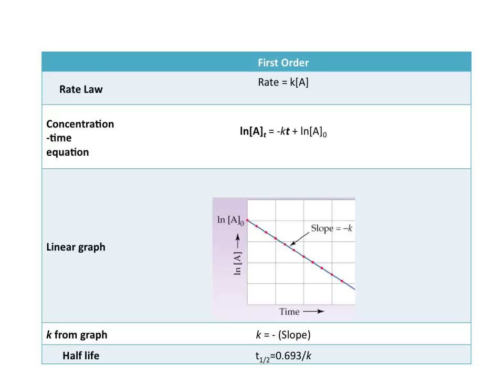This table simply summarizes the integrated rate law for a first-order reaction, where our rate law is rate equals k times A, our concentration-time equation involves the natural log, and our linear graph is the natural log of concentration versus time, where our negative slope equals our rate constant, and our half-life is 0.693 divided by the rate constant.